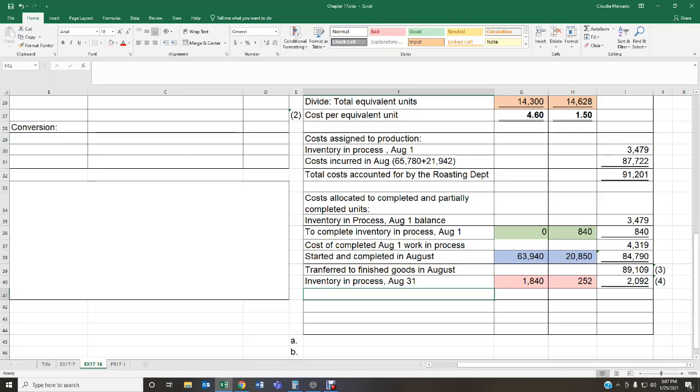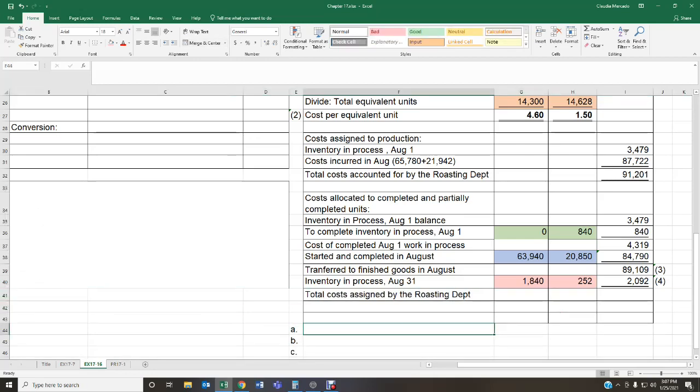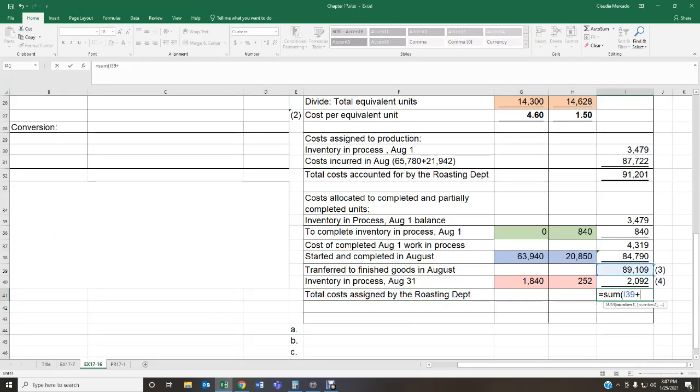And now we can calculate the total costs assigned by the roasting department. For that, we're going to add whatever was transferred plus the inventory in process at the end of the month, and that gives me 91,201. Okay, so that is the total cost assigned by the roasting department at the end of August.